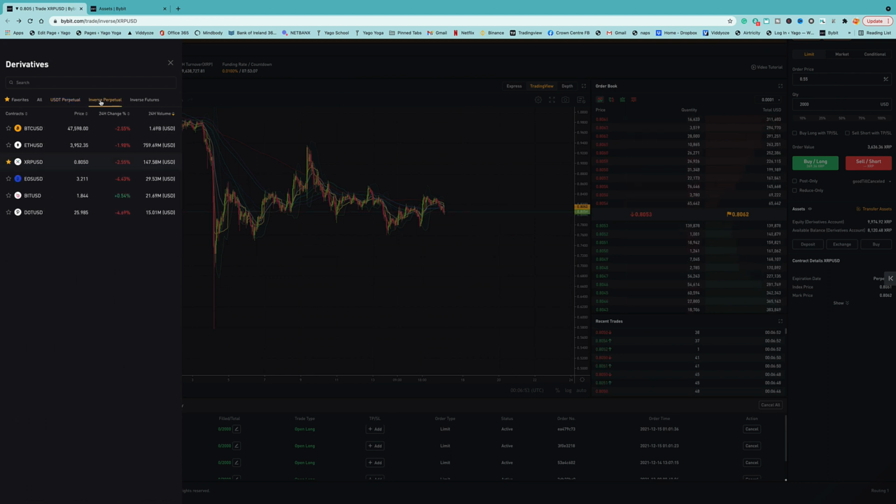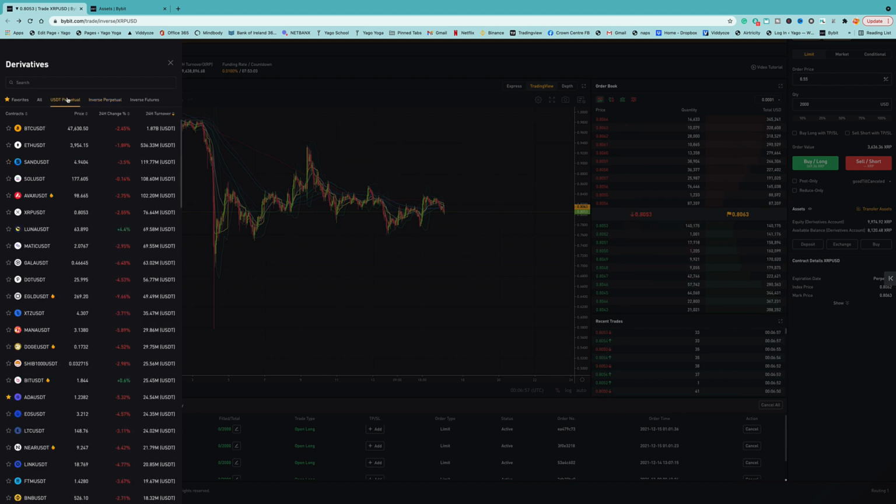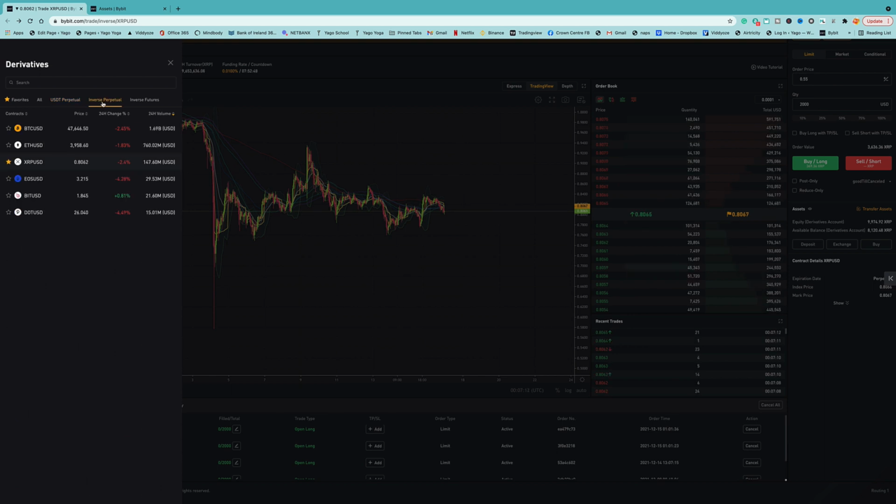So you get twice as much liquidation space on the inverse as you do for perpetual, which means the risk is far greater. Rather than winning coin or losing coin, it's straight dollars. So you're winning and losing dollars here. So I'm always on inverse trading XRP. Again, I'm looking to build my bag.